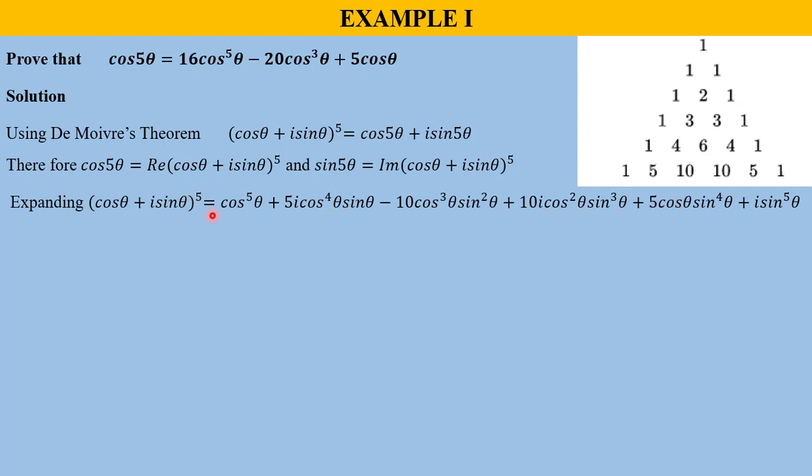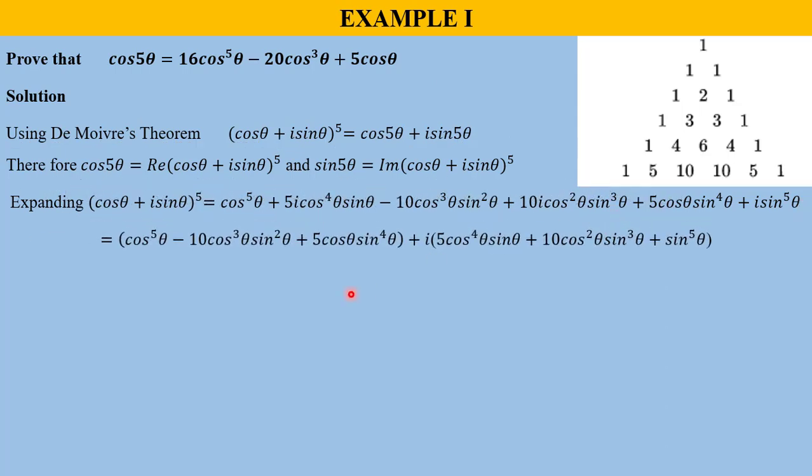So that's how (cos theta plus i sin theta) power 5 can be expanded to cos power 5 theta plus 5i cos power 4 theta sin theta minus 10 cos cubed theta sin squared theta plus 10i cos squared theta sin cubed theta plus 5 cos theta sin power 4 theta plus i sin power 5 theta.